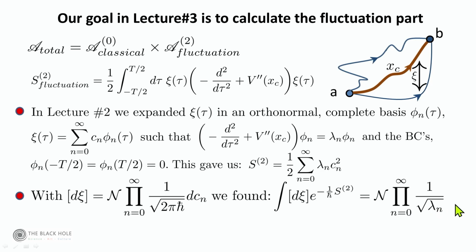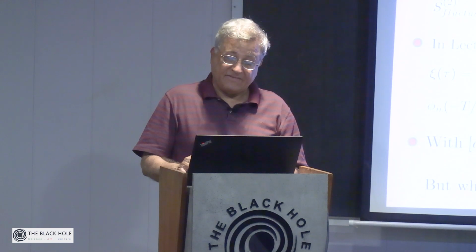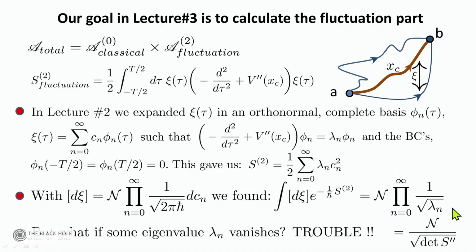And it's fine. It looks very good, but there is a problem. And that problem is that what if this lambda n is ever 0? Then we will be dividing by 0, and that means there's serious trouble. It means that this infinite product, which of course is the same as the determinant of this operator S double prime, is just this operator here.